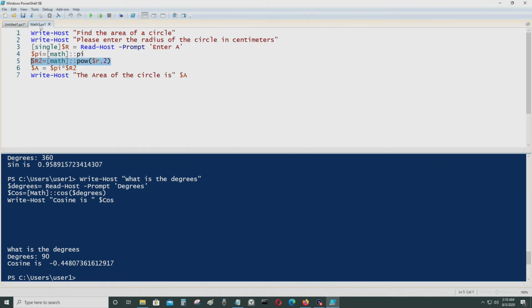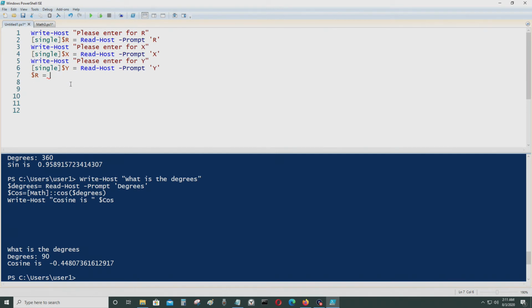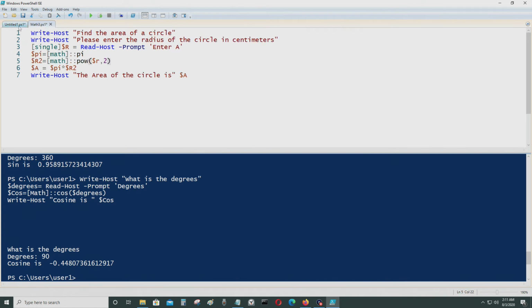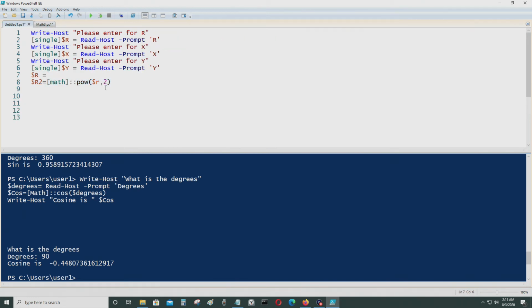We would have to use a math function because it's square root, right? R is equal to math power.